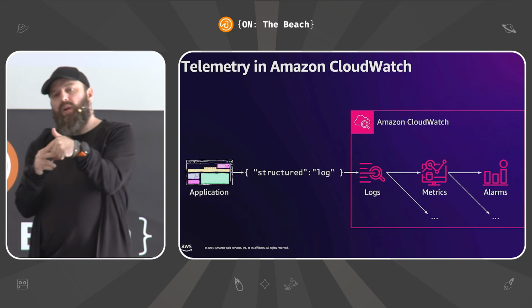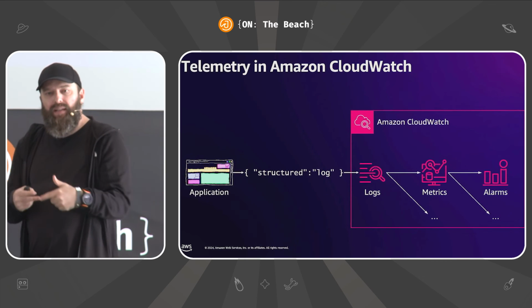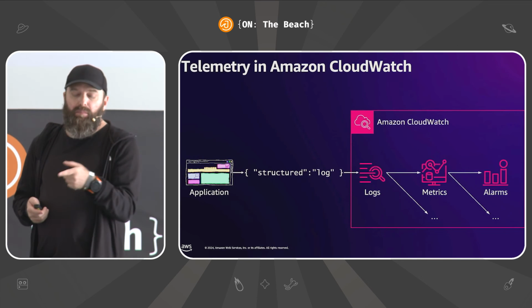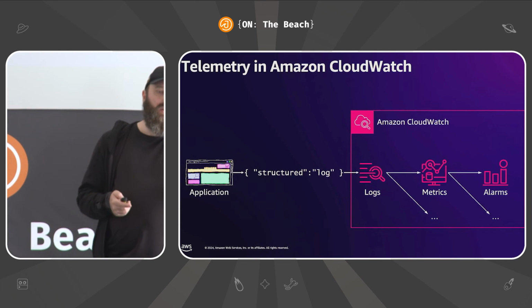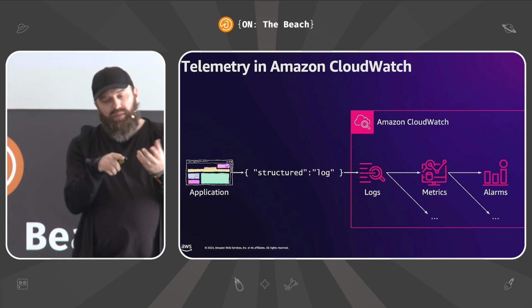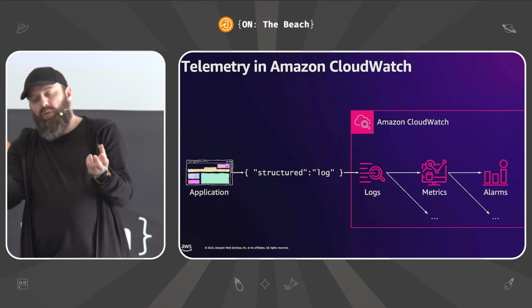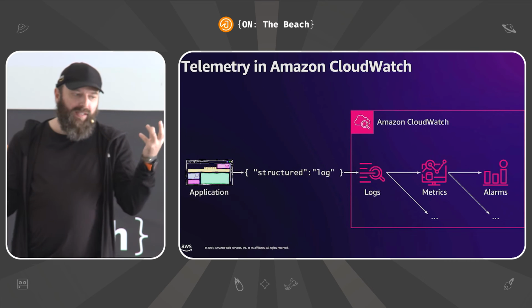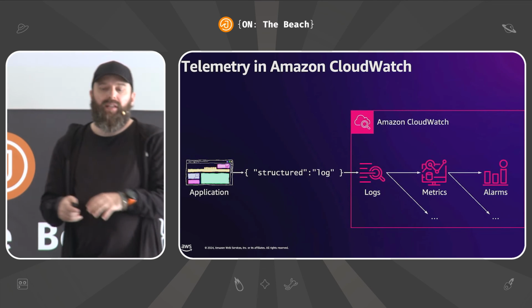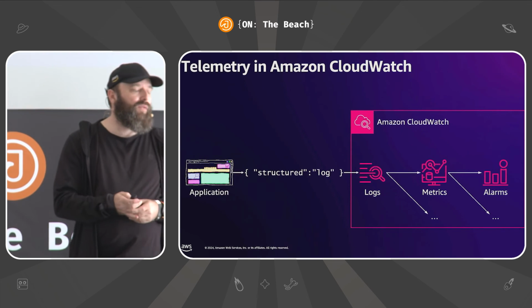We'll pull that into CloudWatch on the log side, and it will start automatically generating metrics based on how we configure it. From those metrics, on the server side, we will also create alarms for you. So from the structured log, which is a simple thing that I'm recording, we build those metrics and those alarms for us.